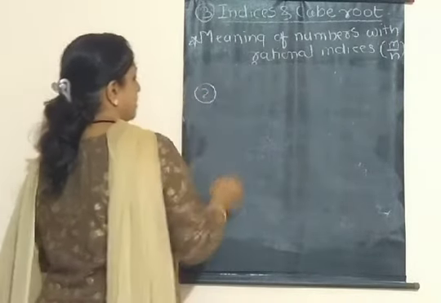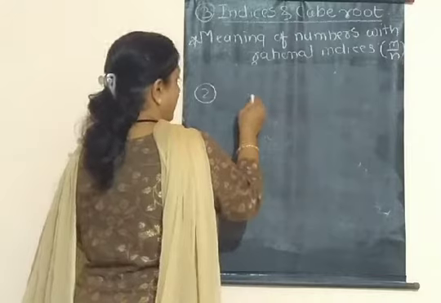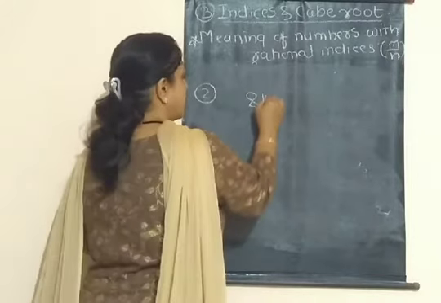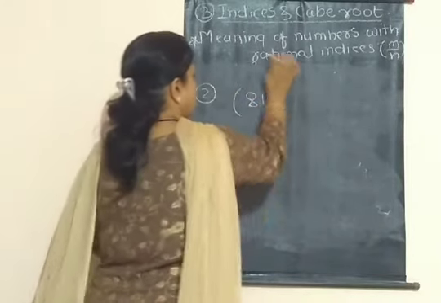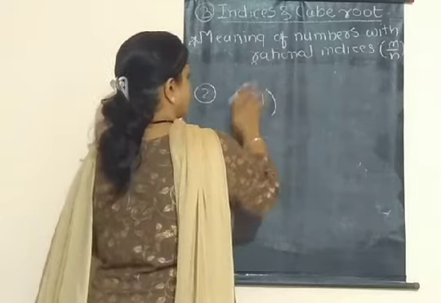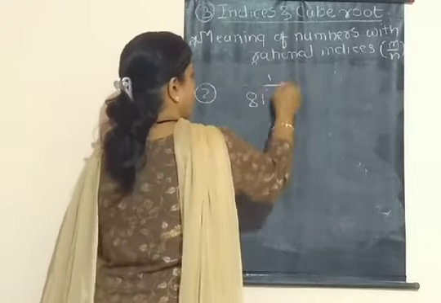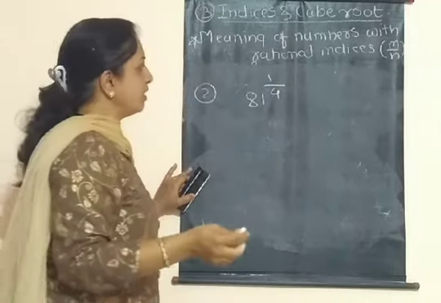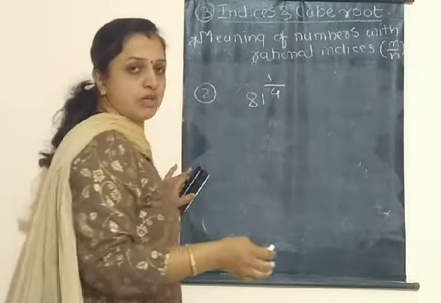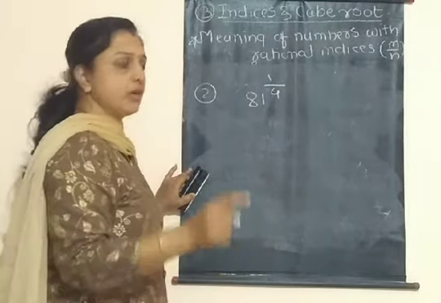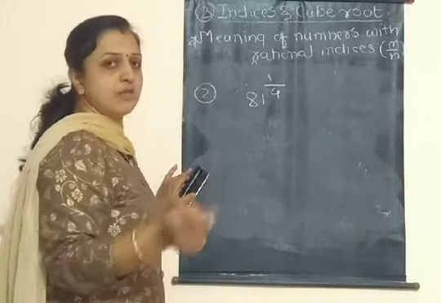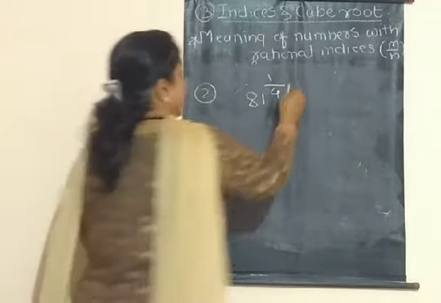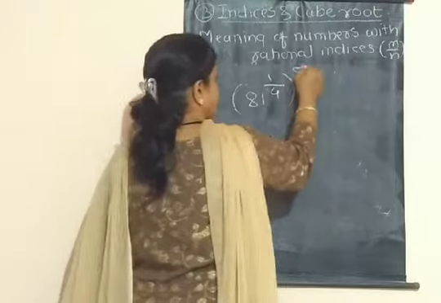Consider the second example. Suppose we write a number, consider 81 raised to 1/4. We know that the fourth root of 81 is 3, because 3 raised to 4 is 81, and it is raised to 5.